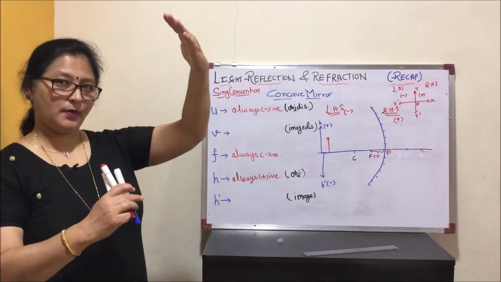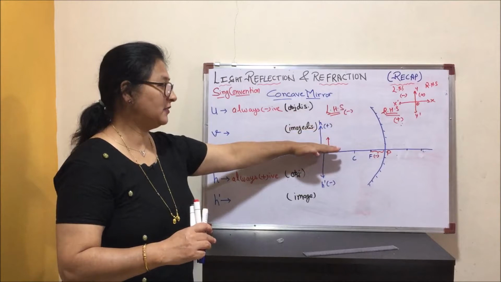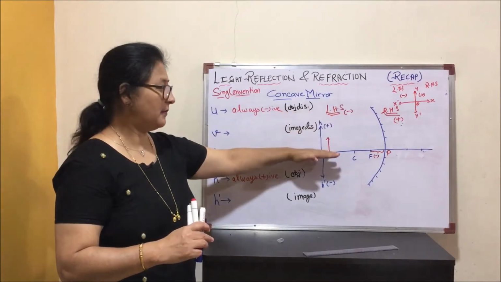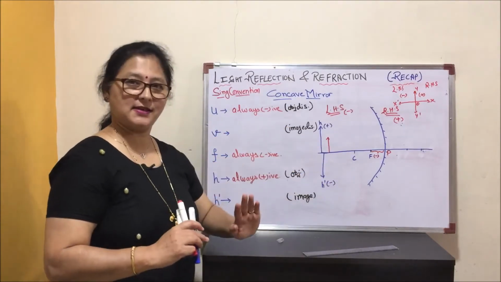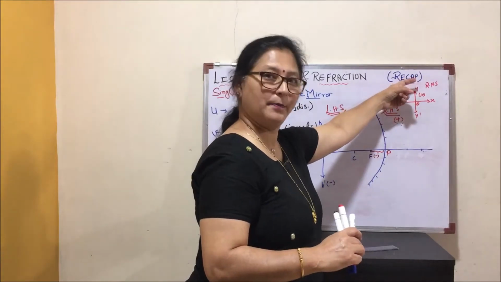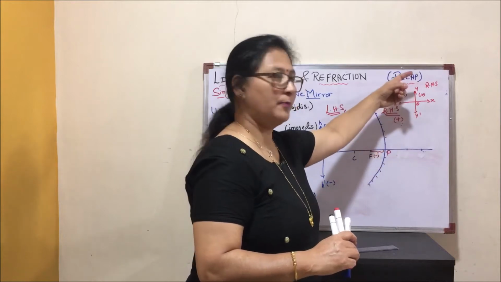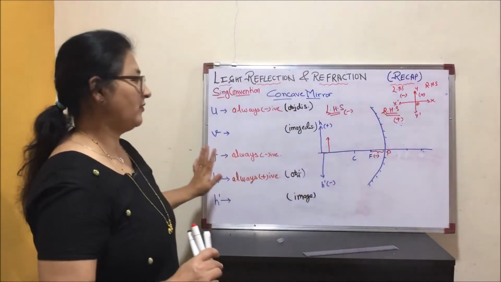Now regarding the height, above the principal axis it is positive, below the principal axis it is negative. You can see here in the graph, vertically up positive y and vertically down negative y. So this is what we have to do here.